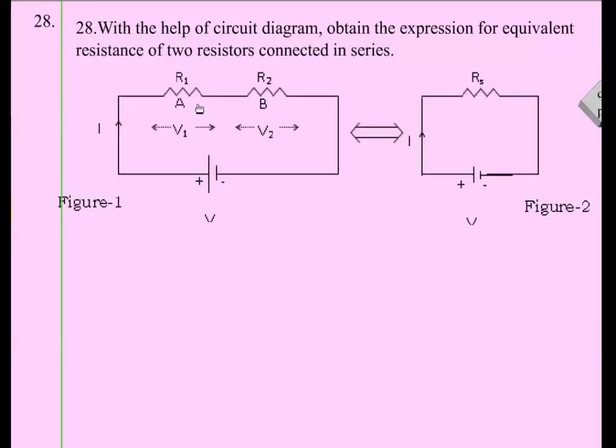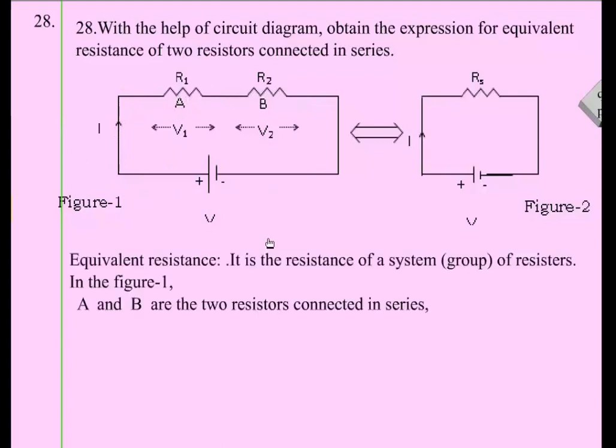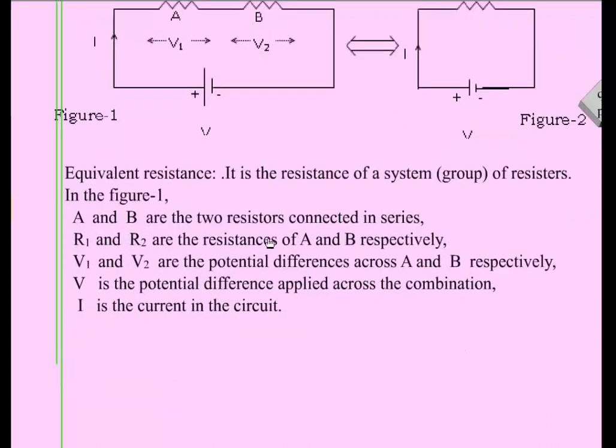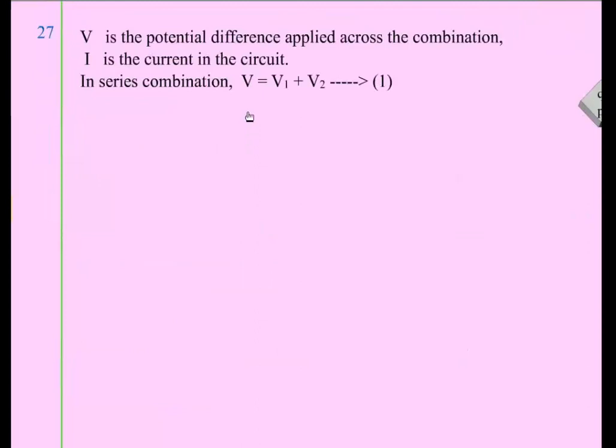Consider the circuit diagram. Look here, these two are in series and its equivalent resistance is Rs. Resistor A, resistor B, R1, R2 are the resistances. A battery of voltage V is connected and this is the equivalent circuit. As this is series, current flows through this one, I. This I through R1 is equal to I through R2. So now for this combination, applied potential difference is equal to V1 plus V2.